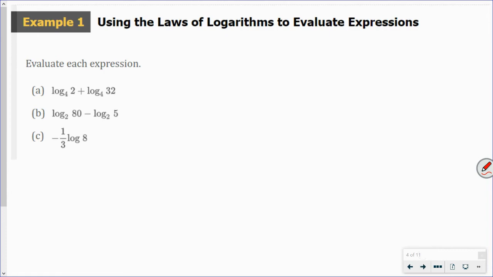Okay, evaluate each expression. Remember we talked about with addition, in order to combine these logarithms, I'm going to multiply. So I have log base 4 of 2 times 32.